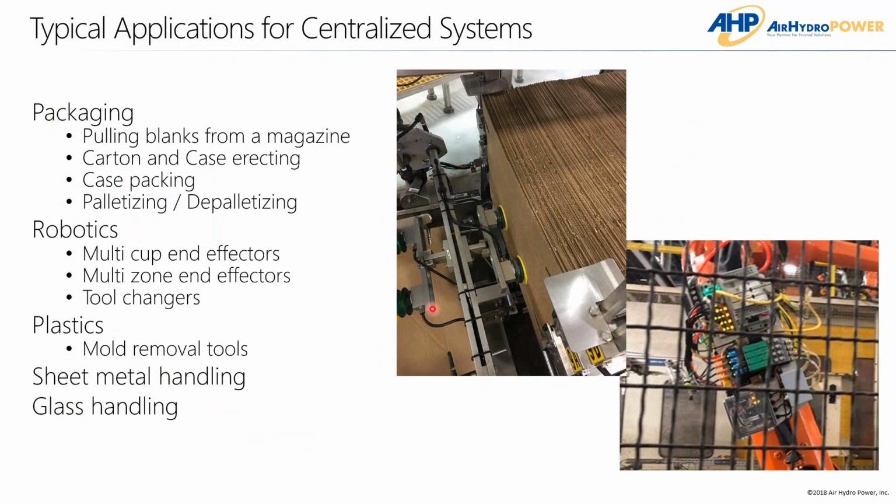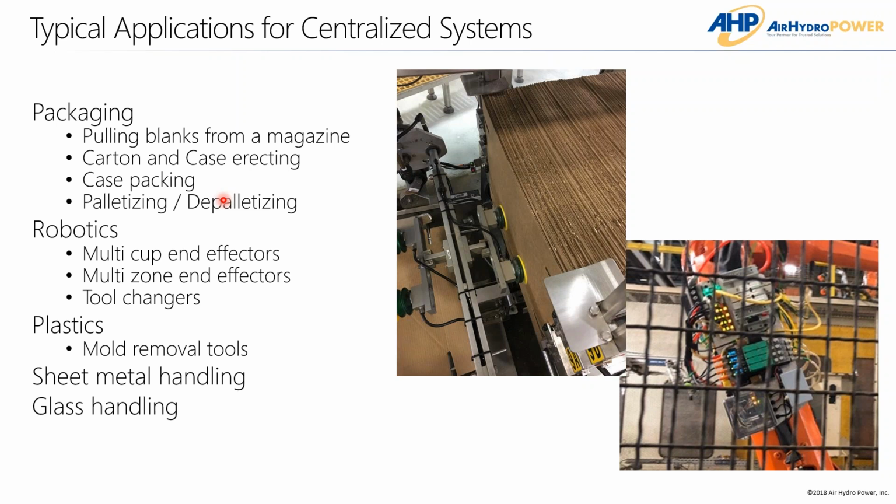So here are some typical applications. In the packaging world: pulling blanks, carton and case erecting, case packing, palletizing. If you think about this, you've got lots of cups that are usually acting on one fairly light part. Safety isn't usually a big concern here because you typically don't have an operator getting in the way of this.